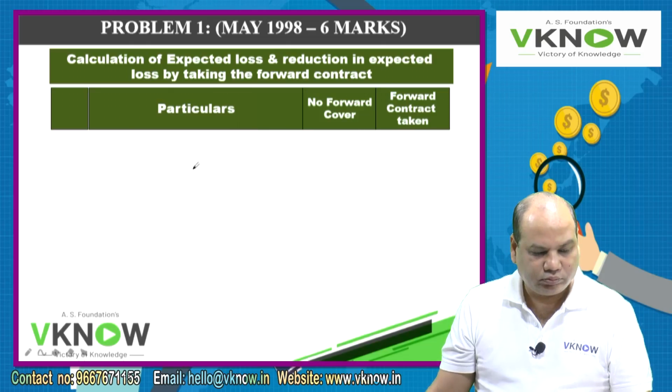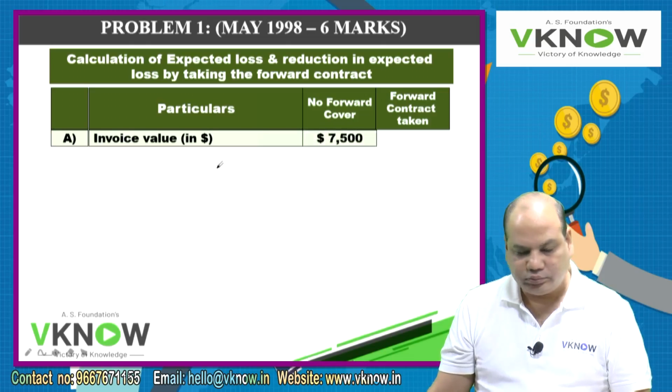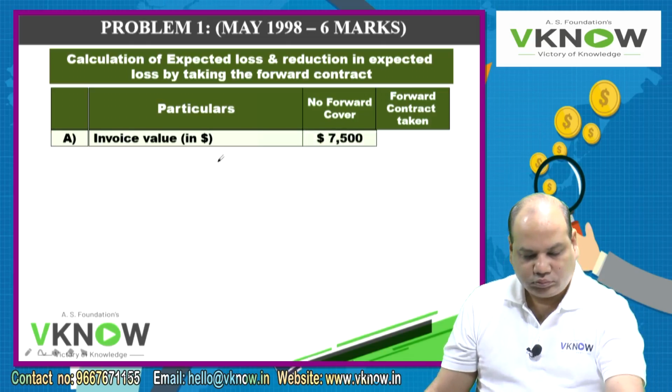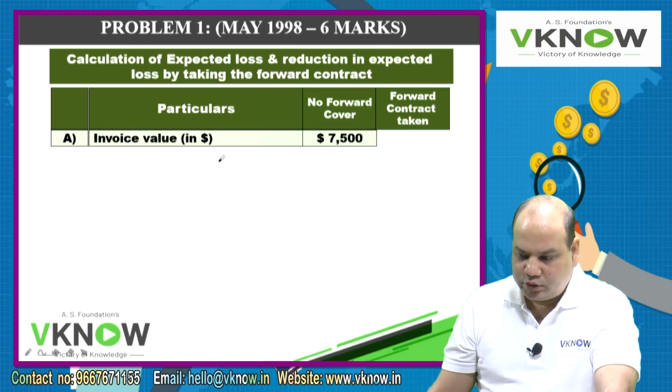Now, point number A, invoice value in dollar: 7,500.